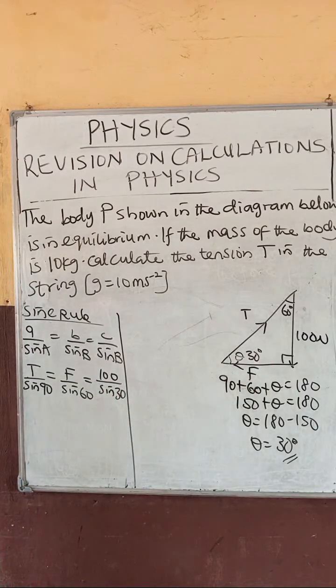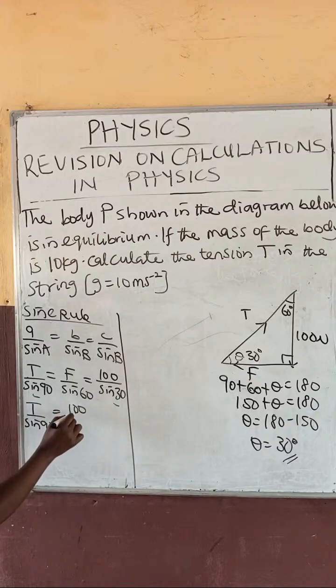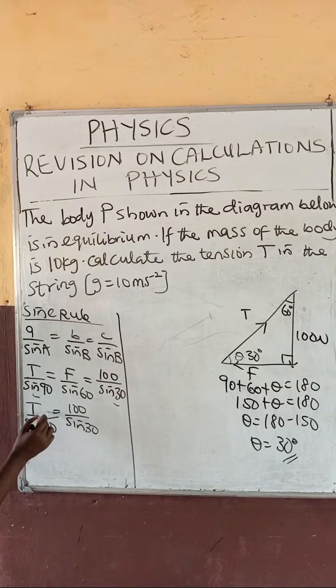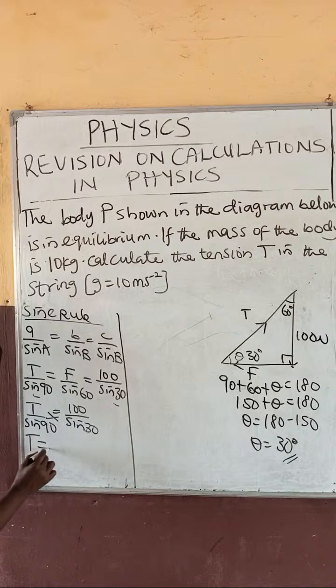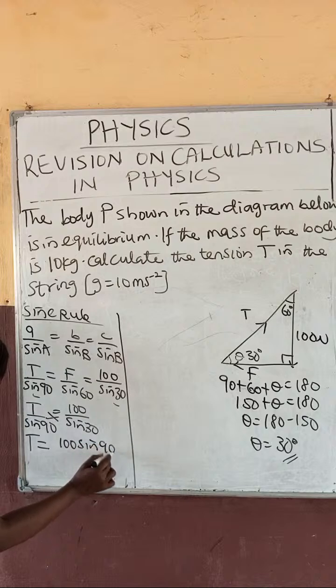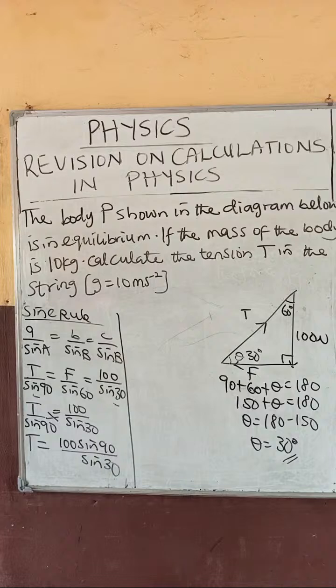Okay? So I can equate either of them to get the unknown, right? I will equate this and this, okay? So let's go. T over sine 90 is equal to 100 over sine 30, right? Okay, so I will cross multiply. T is equal to 100 sine 90 divided by sine 30, right?